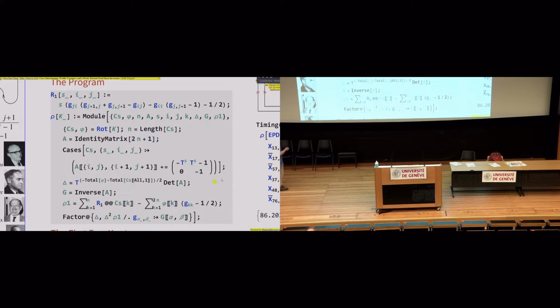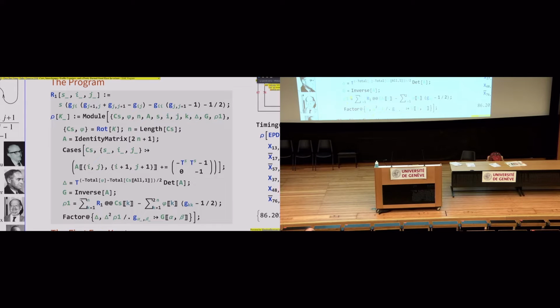And then you output delta squared times rho 1, in which you replace every G alpha beta by the corresponding matrix entry of the matrix G. And you also output delta, the Alexander polynomial, because really I see delta and rho 1 as inseparable. You compute delta in order to compute rho 1, so they're not really separate entities.